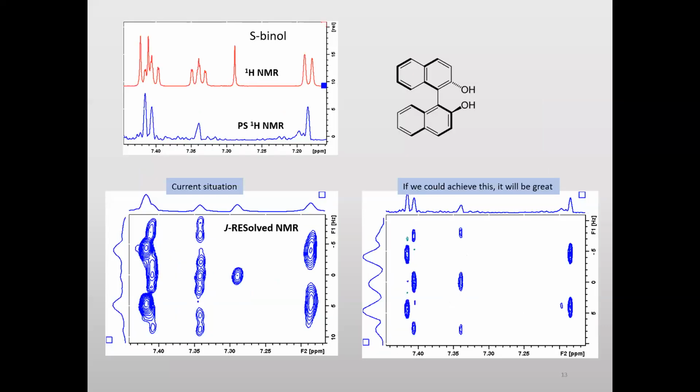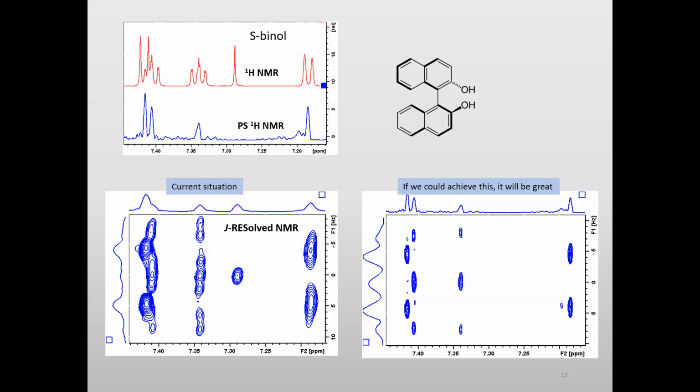I'm showing you the proton spectrum of S-BINOL at the topmost, and then immediately below that is the proton pure shift spectrum. So this is the chemical shift information. We don't get the scalar coupling information from the pure shift spectrum, but scalar coupling information is crucial for structural elucidation of a molecule. This is a very important piece of information. And the current Z-resolved spectroscopy does not give us a well-resolved pure shift spectrum.